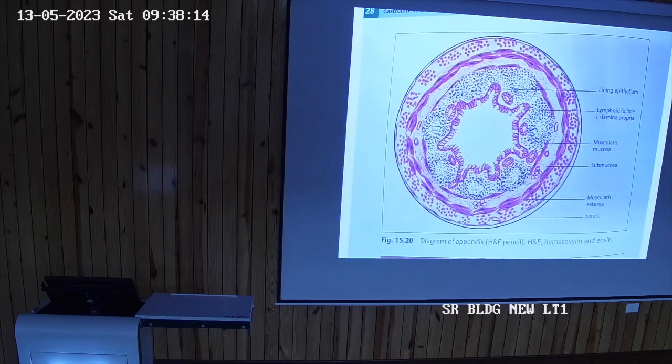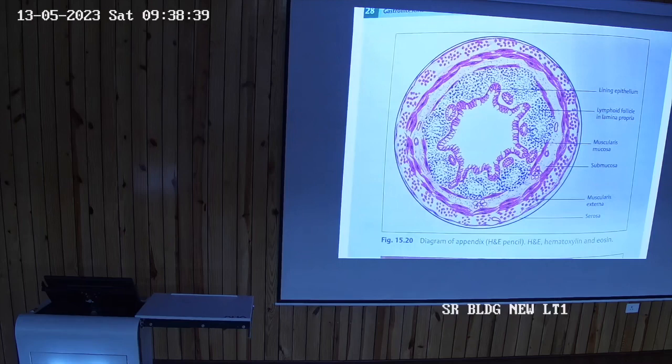Then one more slide of large intestine we will show you, that is the appendix. In the appendix, from inwards to outward, the lumen is lined by epithelium, columnar cells. Between the columnar cells, the goblet cells, same feature, and you can see the lumen very clearly in the slide.